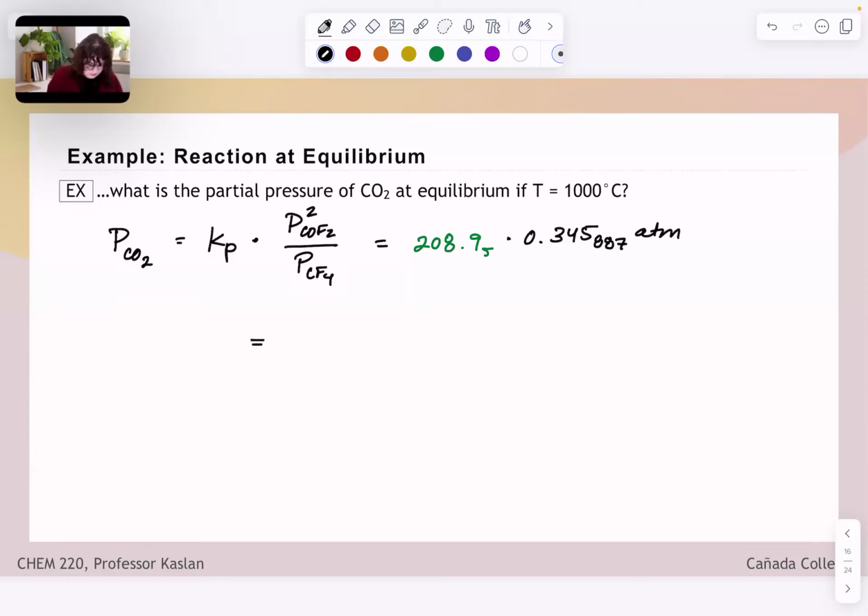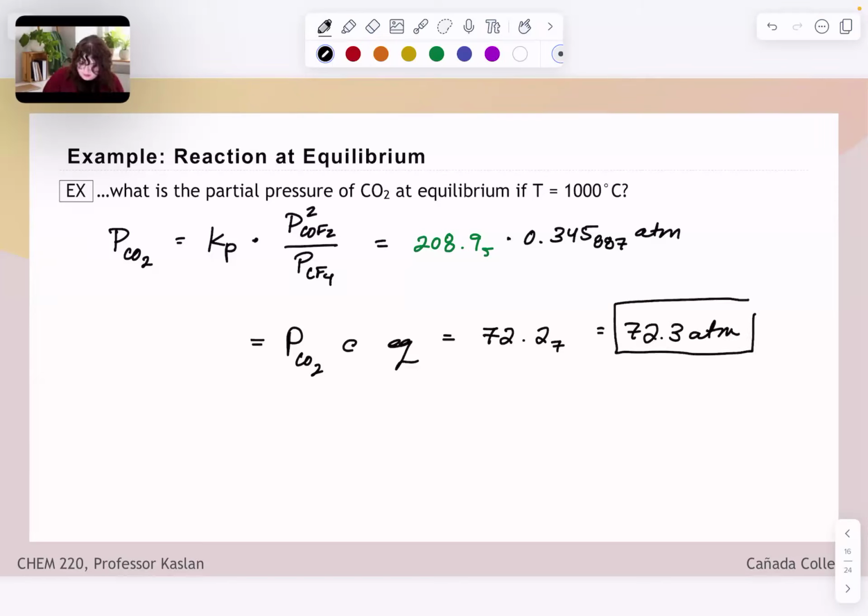So when we do this little product, I get a partial pressure of CO2 at equilibrium equal to 72.27 or 72.3 atmospheres.